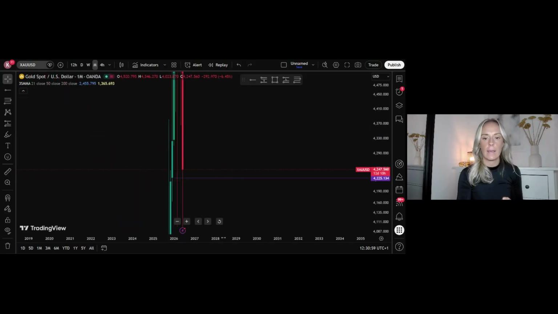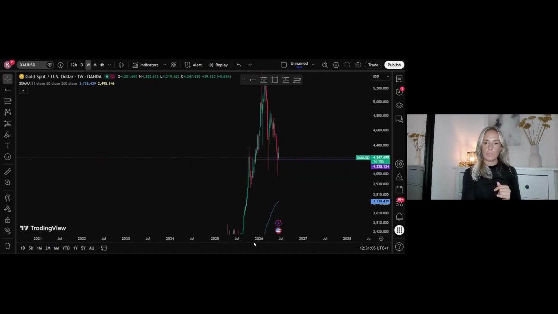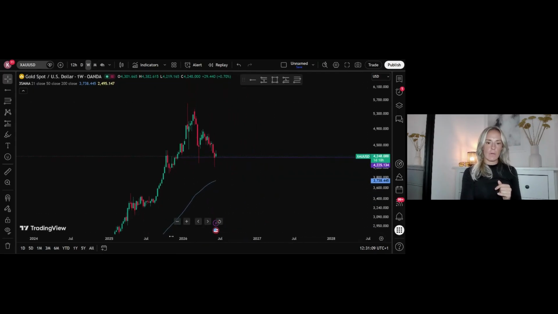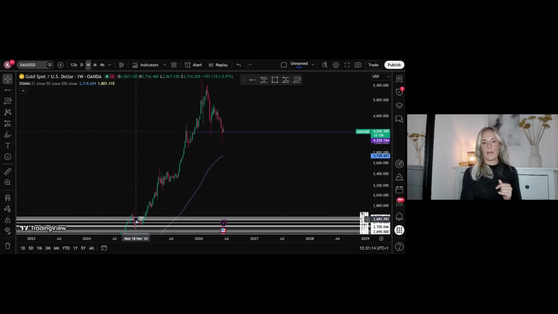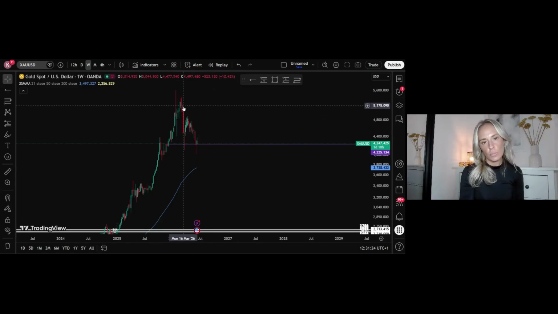So on the weekly, when you zoom out, you can see that it's on an upwards movement, which means the buyers are in control. It's a bullish market. Right now, there's a pullback happening with gold, which means the sellers are in control at the moment.